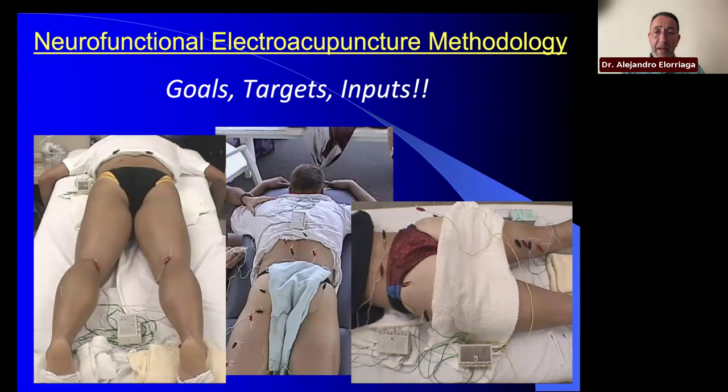Which nerves innervate these muscles? Axillary, suprascapular, and musculocutaneous. And then how can I access these nerves in the best area and insert the needle comfortably and provide an electrical stimulation? And that would be the discussion, from goals to targets to inputs.